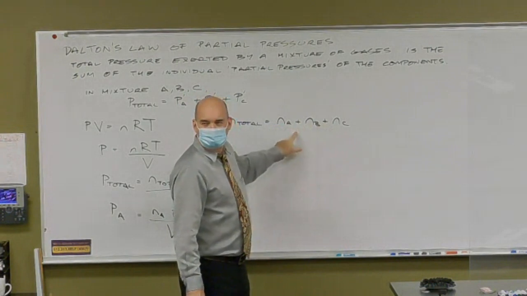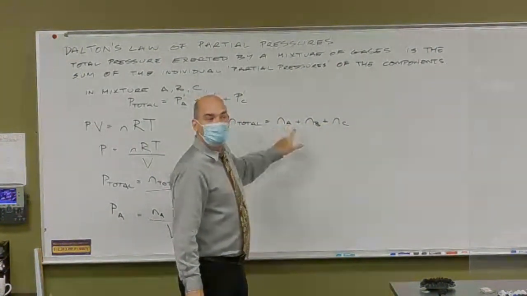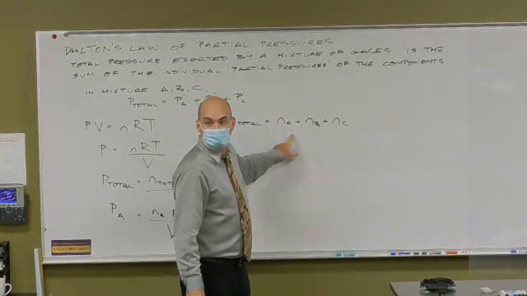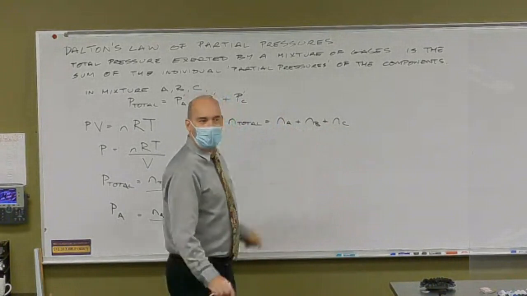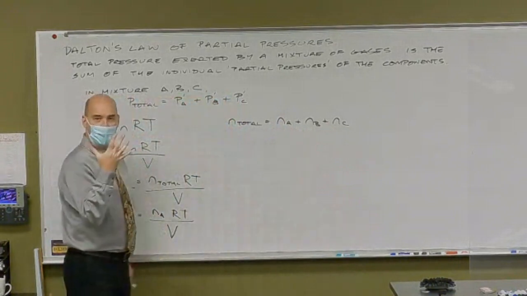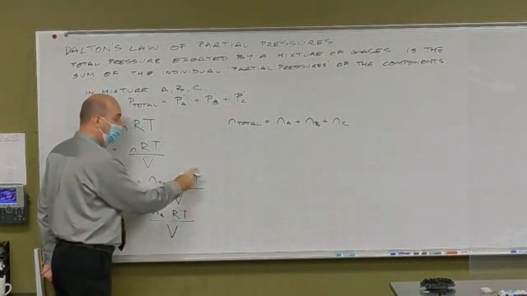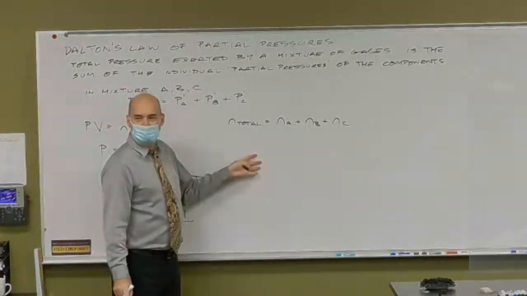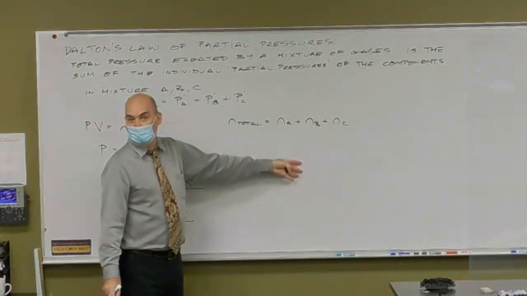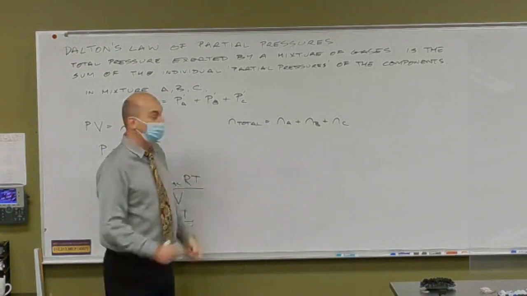Wouldn't the pressure of this just be 90% of the total? So if you know what the percentage of your moles are, then you don't have to have five terms in your calculation. I don't need a P and an N and an R and a T and a V. I can just say P is the percentage of the total. And it gives me 3 terms instead.